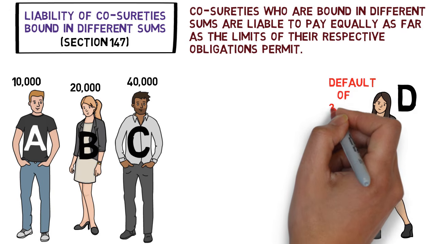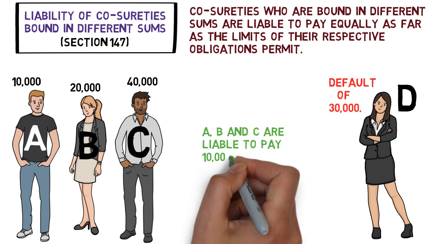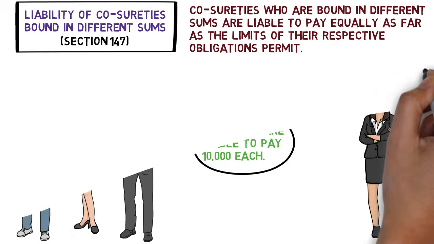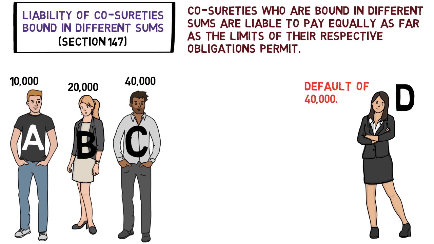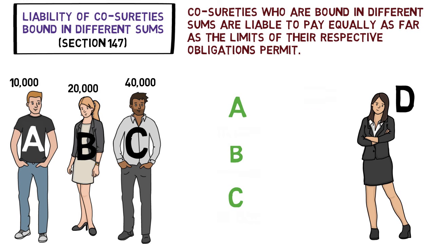When D makes a default of $30,000, A, B, and C are liable to pay $10,000 each. In the same example, suppose D makes a default of $40,000. In this case, A will be liable for $10,000 as his obligation is up to $10,000, but B and C will be liable for $15,000 each.